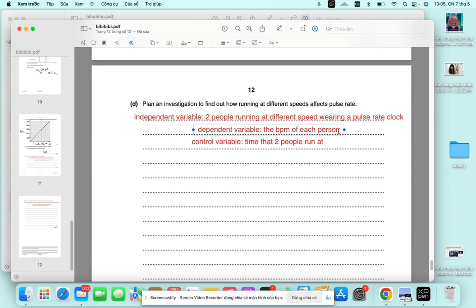Each person is measured pre-exercise, during exercise, and post-exercise.